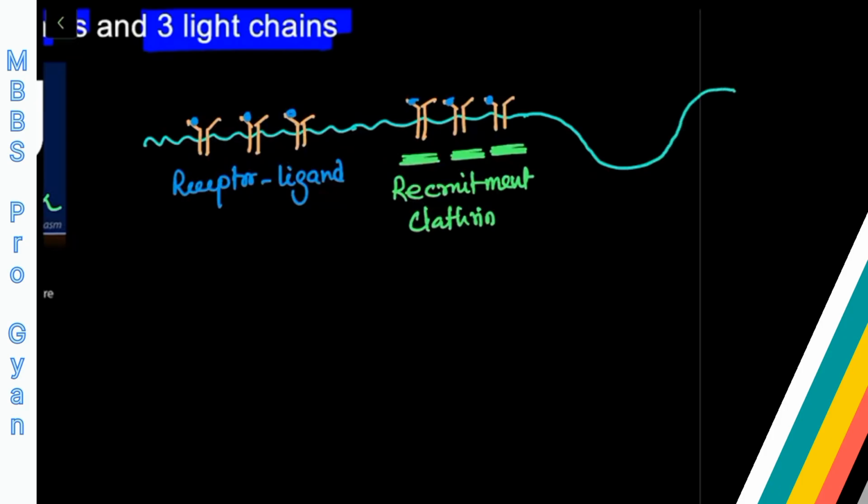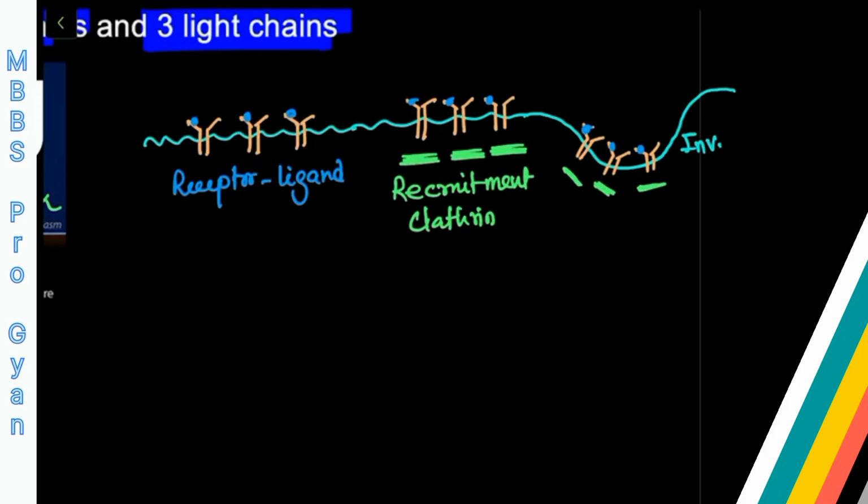After the recruitment of clathrin protein, there will be the appearance of a depression, an invagination of the membrane. At the level of this invagination, all these receptors are there along with their attached ligand, and this is already coated by clathrin.